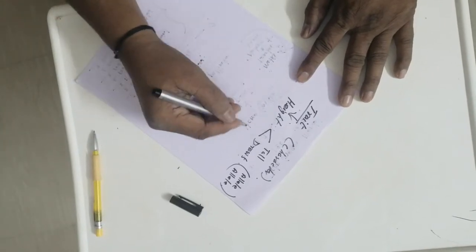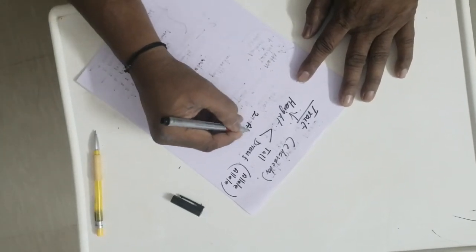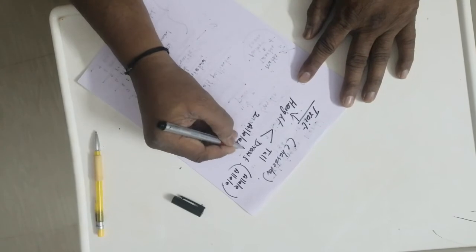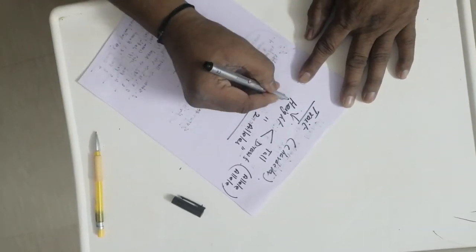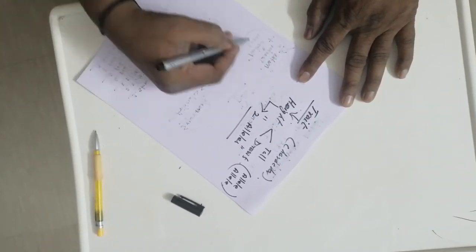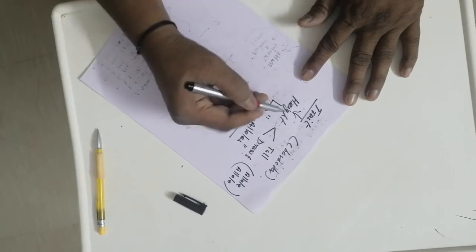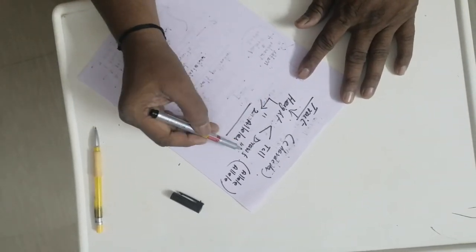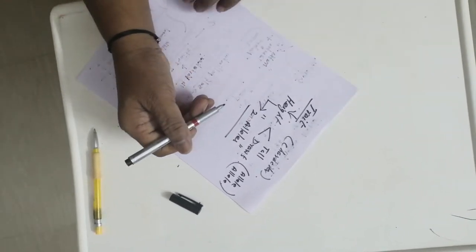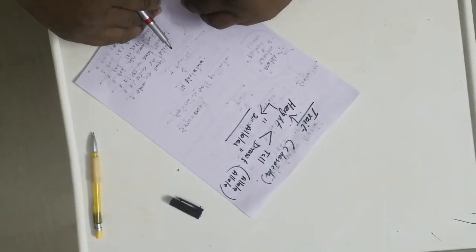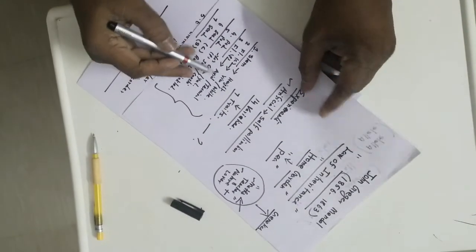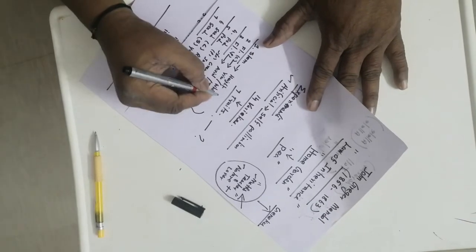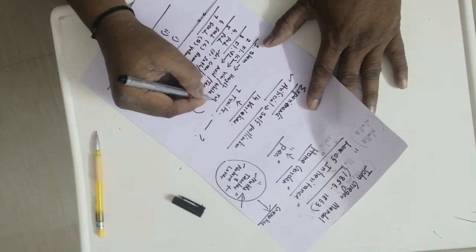So for every character, how many alleles? 2 alleles. So for every character, there are 2 alleles. The height has 2 alleles called tall and dwarf. Like that, we have seen various alleles in the same topic. You see height, tall, dwarf.